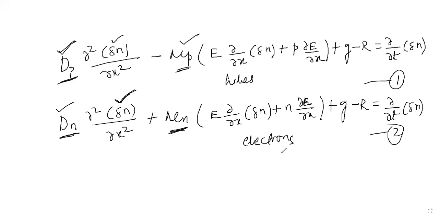Then we just need to solve it mathematically. What we are going to do is multiply the first equation written over here by mu_n times n, and the second equation by mu_p times p, and add these two equations.